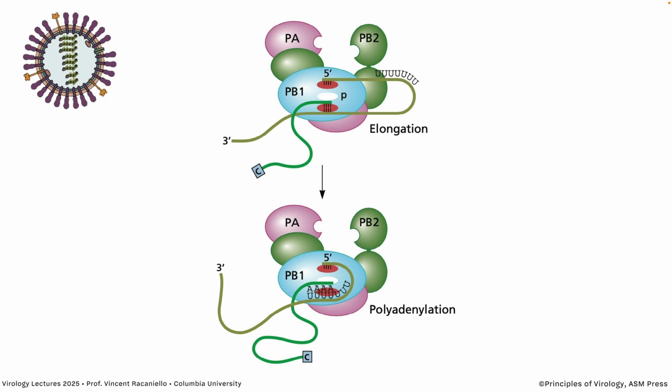But eventually this loop is going to get smaller and smaller until you can't pull anymore. And guess what? There's a stretch of U's there, and so the polymerase begins to add A's until you get to about 200 A's, and that's how you polyadenylate influenza virus mRNAs. So it's because the template is fixed onto the enzyme, and you get to the end of that loop where you can't go any further.